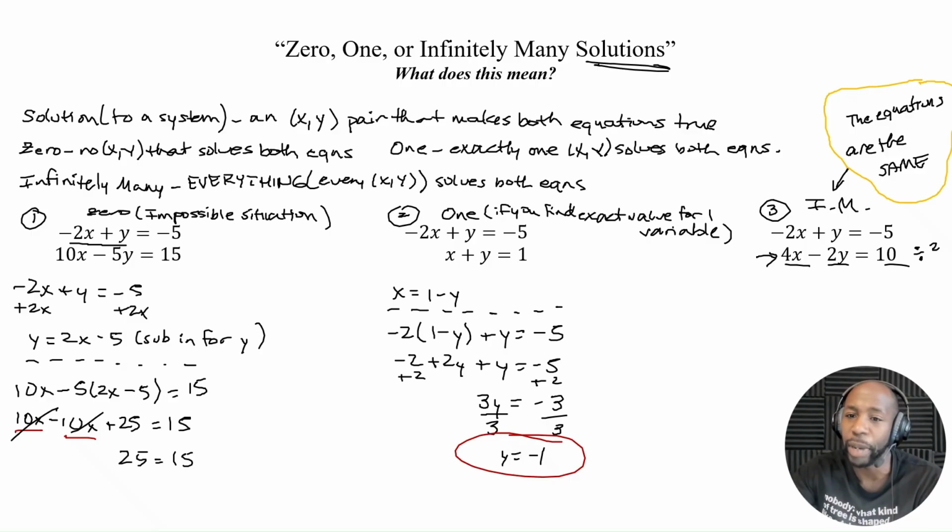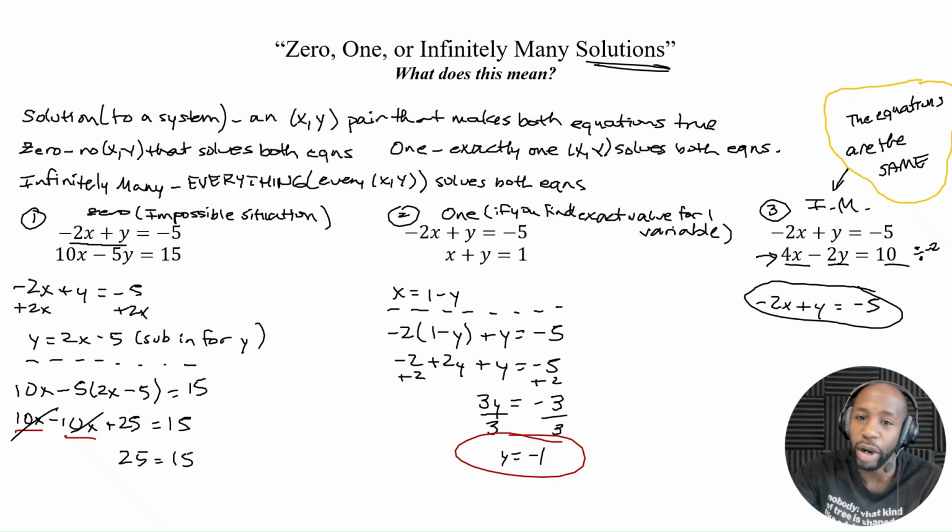So 4x divided by, I'm sorry, negative 2, that's going to be negative 2x. Negative 2y divided by negative 2 is going to be plus y, and then 10 divided by negative 2 is negative 5. So you see, these equations are exactly the same.